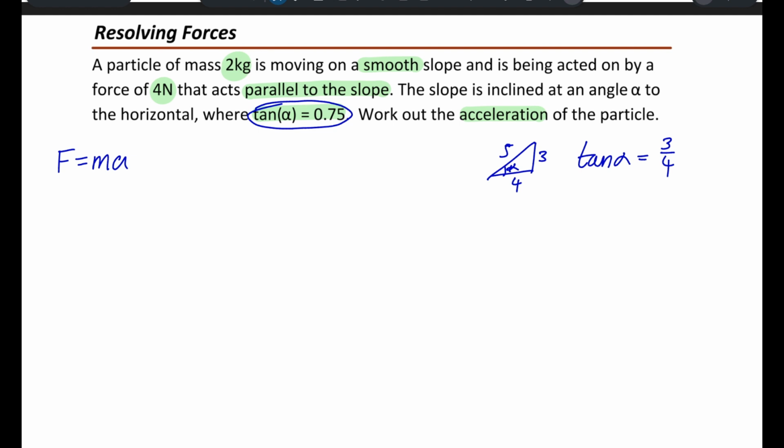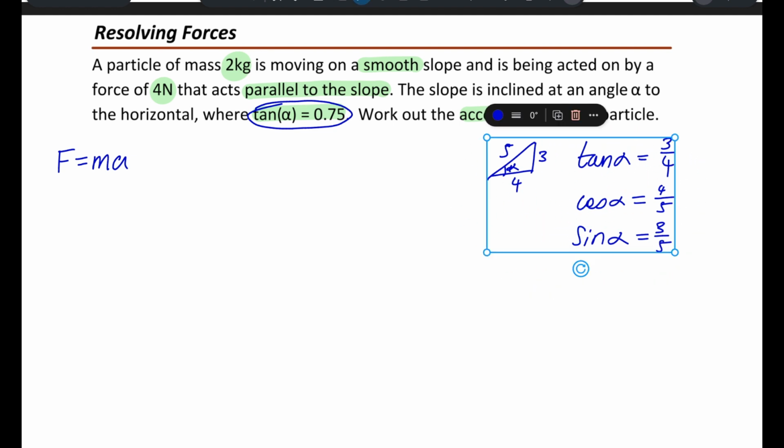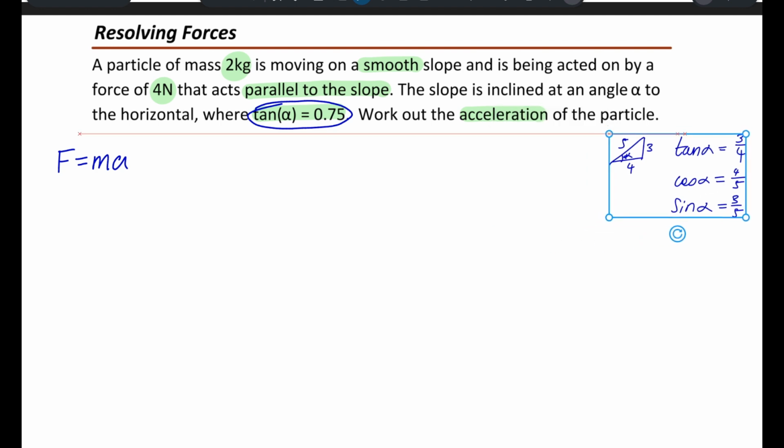So straight away we can work out cos alpha and sine alpha. Anytime we see cos alpha or sine alpha in the question, we can replace it with the fraction, and same with tan alpha. If cos is a over h, that's going to be 4 over 5. And sine is o over h, so it's 3 over 5. We're just going to keep this on the side for now, and we're going to use that information later, probably in the question.